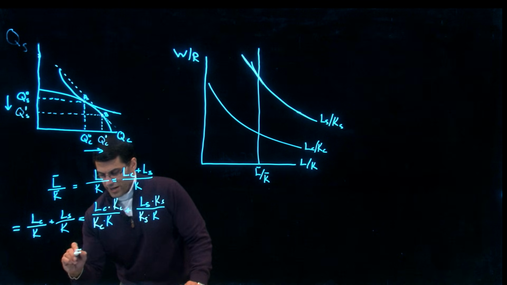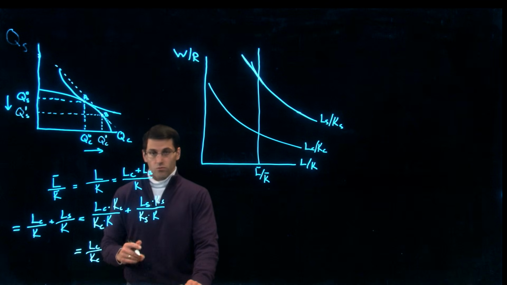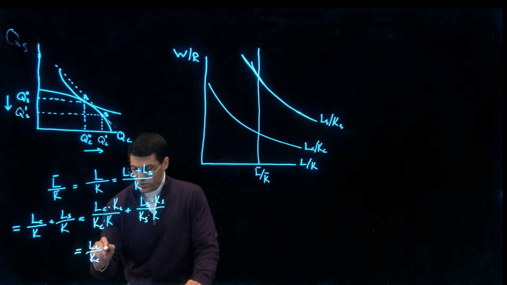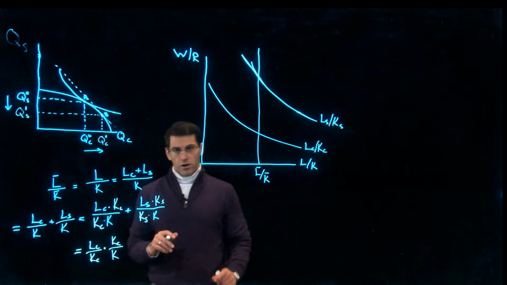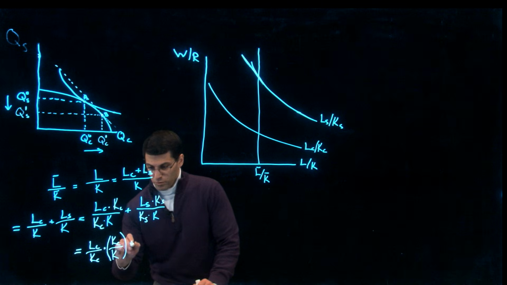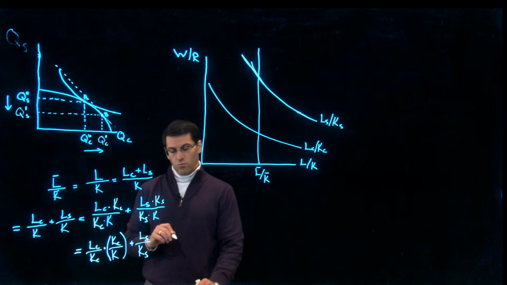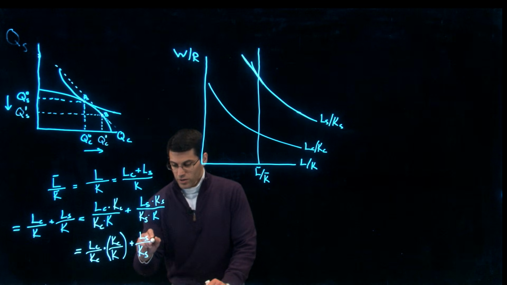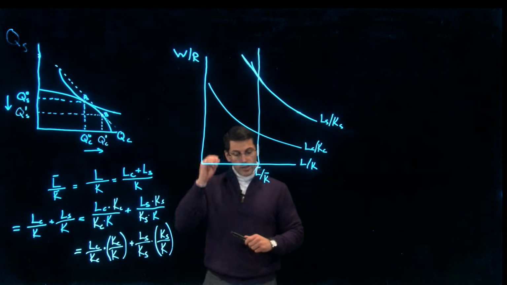And so what we actually have here is LC over KC, which is the relative demand for labor in computers, times KC over K, which is the share of capital that's employed in computers, plus LS over KS, which is the relative demand for labor in shoes, times KS over K, which is the share of capital that's employed in the shoe sector.